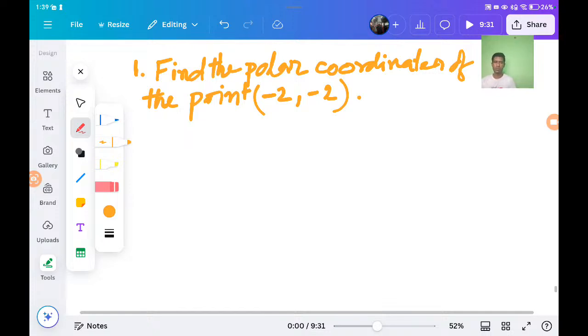Okay, I have to show the polar point of this point -2 and -2. So we know that the polar coordinate is r, theta.